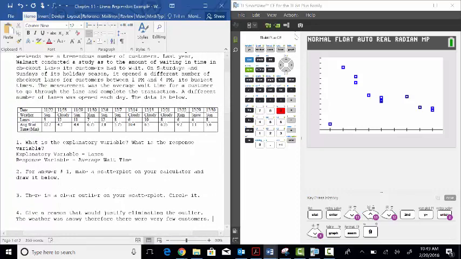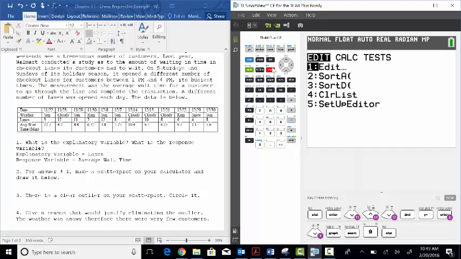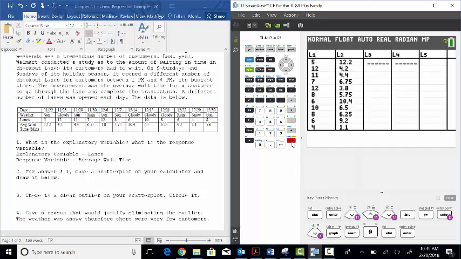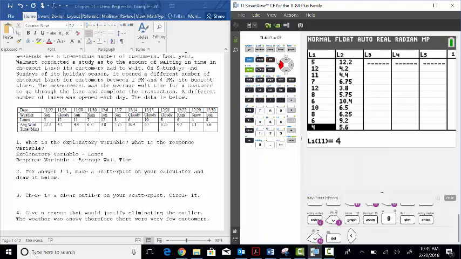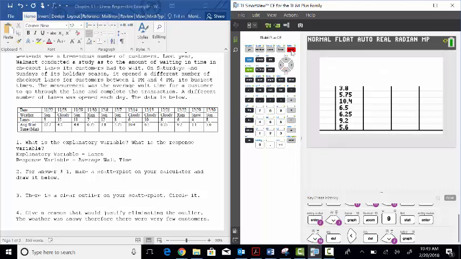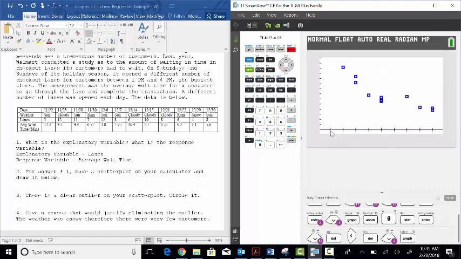So what I'm going to do is go back to stat on my calculator, go back to edit, and I'm just going to delete that outlier. So I'm going to delete this 1.1, and I'm going to delete that 4 that corresponds to it. All right, and so now I can see all my data again without it. And if I want to, I can go ahead and graph it again, and you see the outlier is gone.